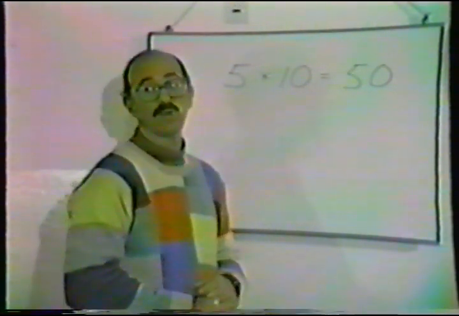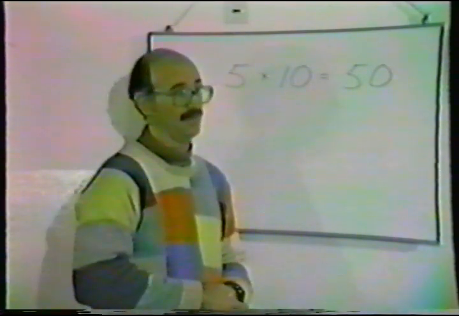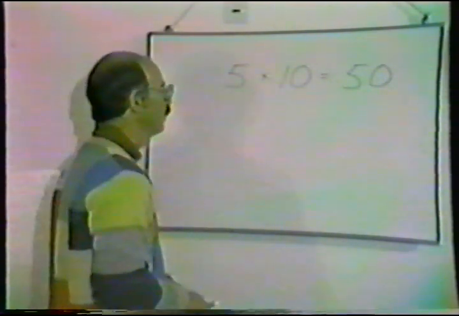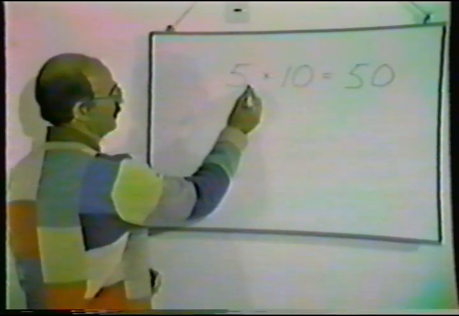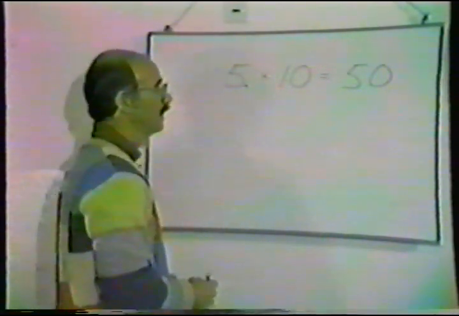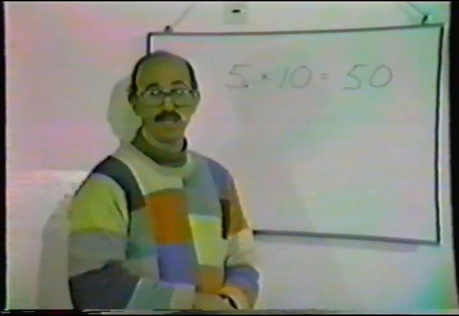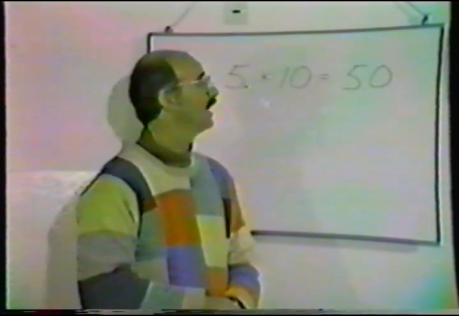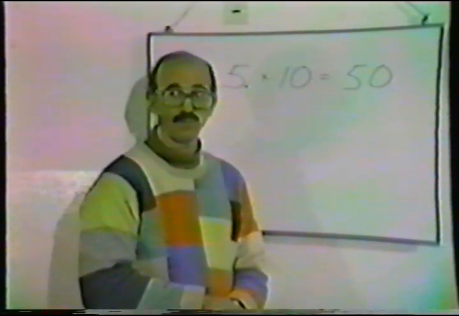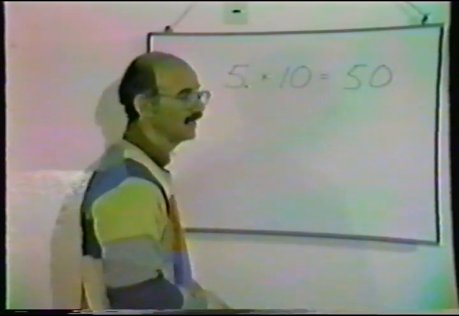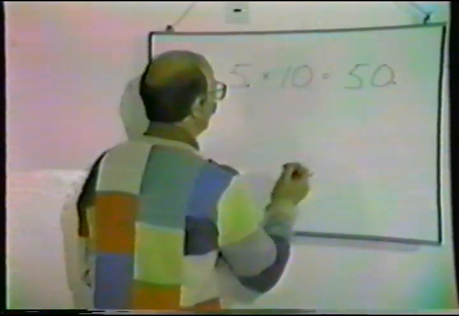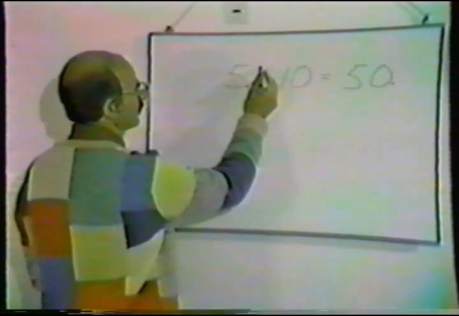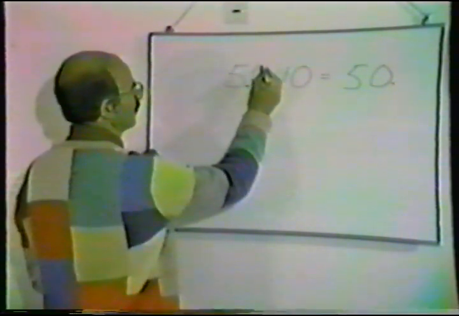Now, if there were a decimal point in the number 5, where would it be? On the right, at the end. And if there were a decimal point in the number 50, where would it be? On the right, at the end. Let's put a 0 here.